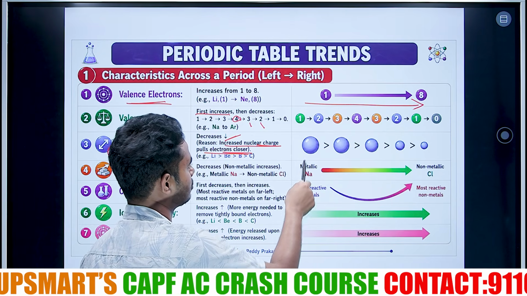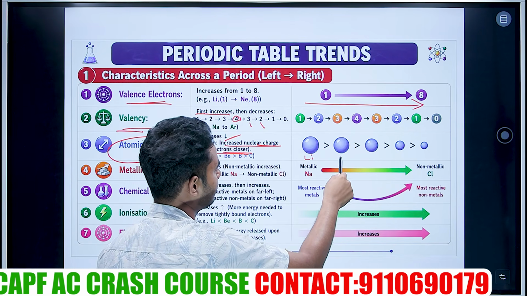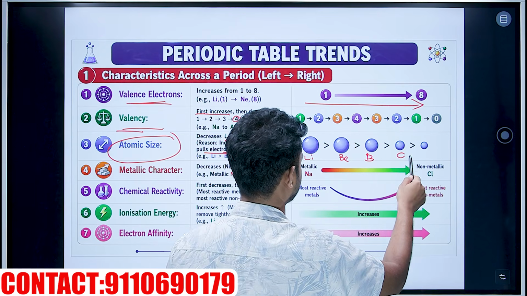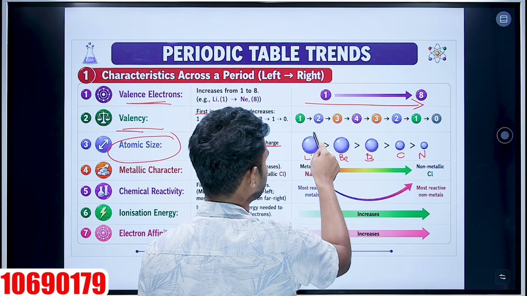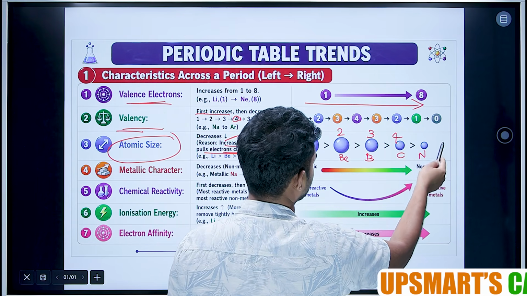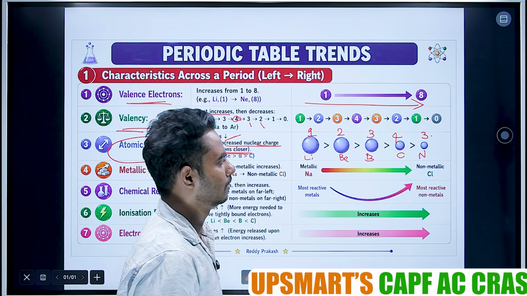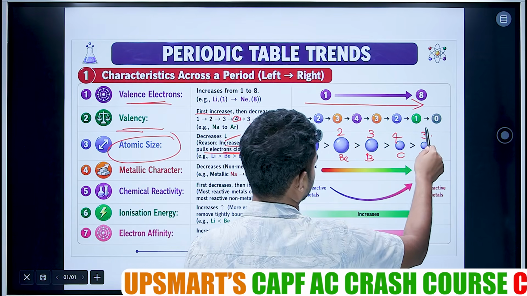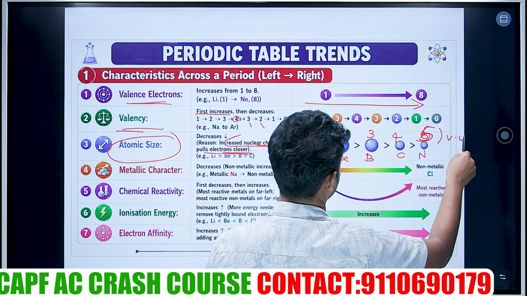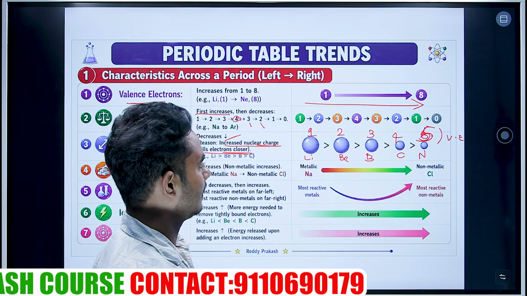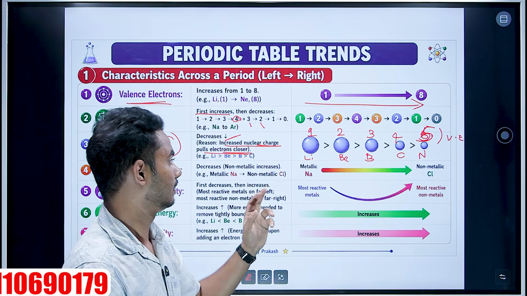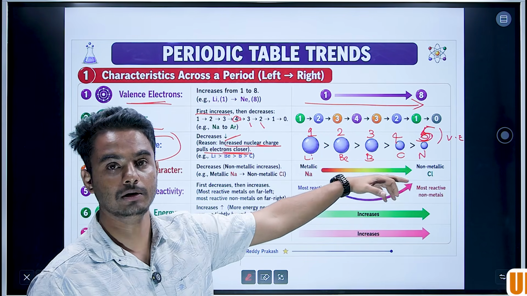Which has more electron charge? Say this is lithium, this is beryllium, this is boron, this is carbon, nitrogen. These have valency of 1, 2, 3, 4, 3. Valence electrons are 1 to 5, comparing lithium, beryllium, boron, carbon, nitrogen.